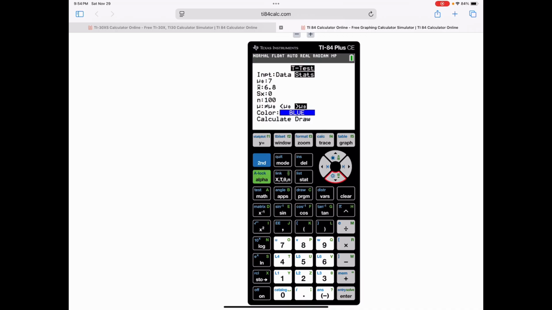My standard deviation is 0.205. N is 6. We're doing less than. And we can calculate that. And we get a p-value of 0.0312.